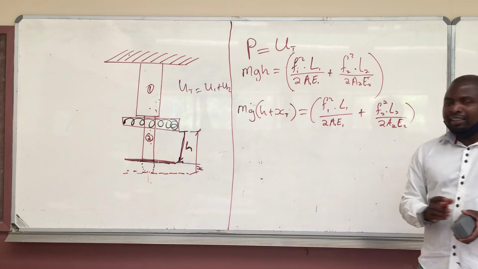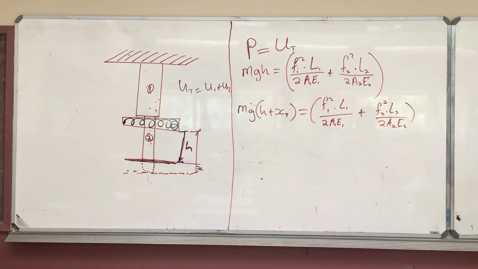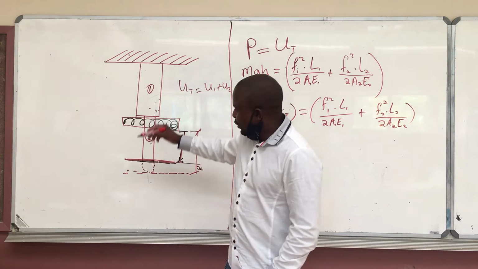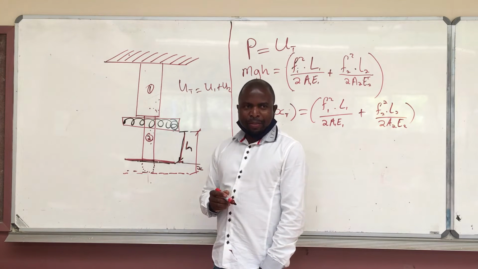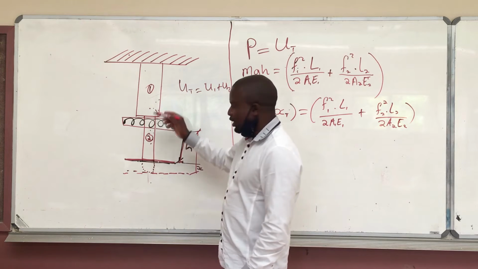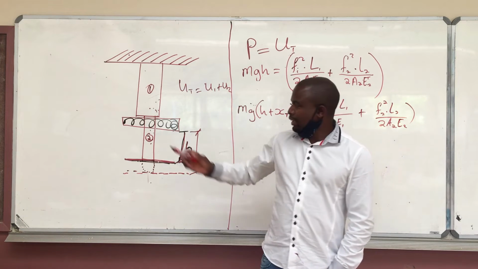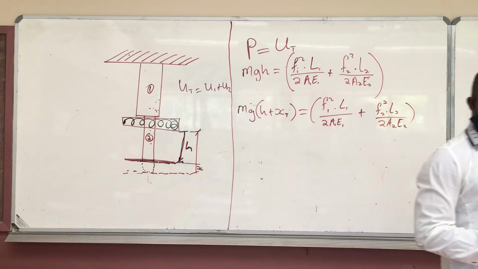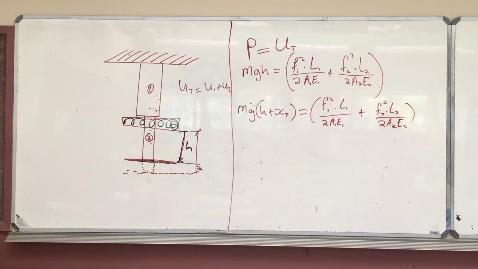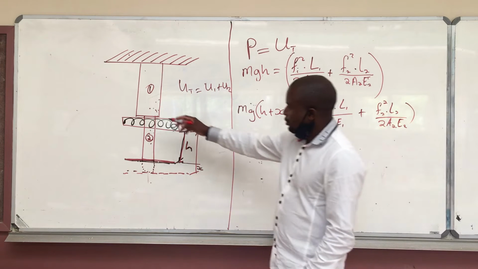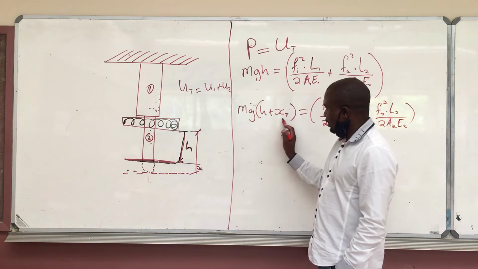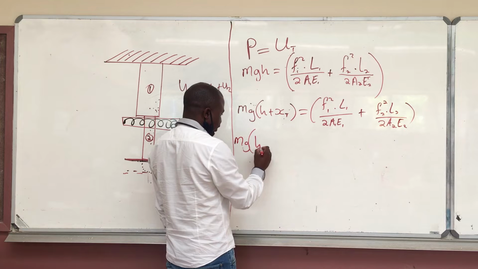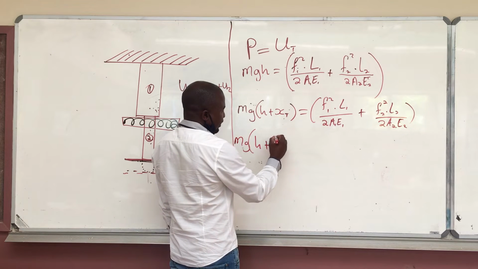This x I said is the total change in length. How to calculate the total change in length for these two? It will be mg into h plus, how do I calculate this one?